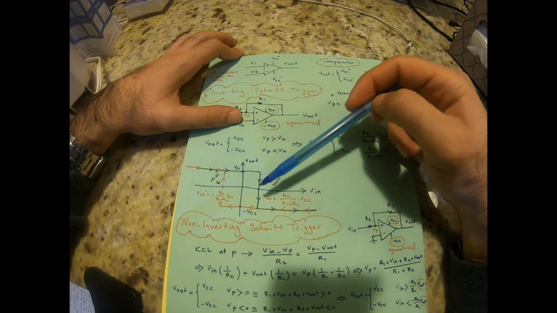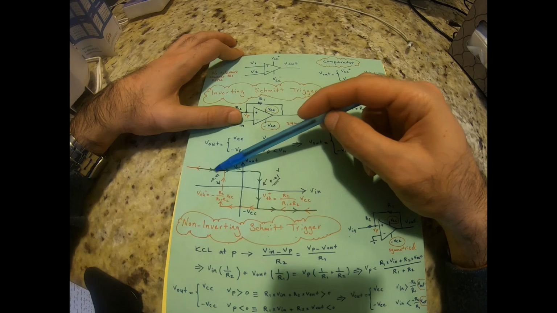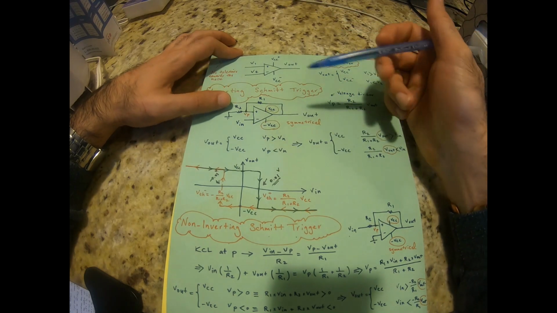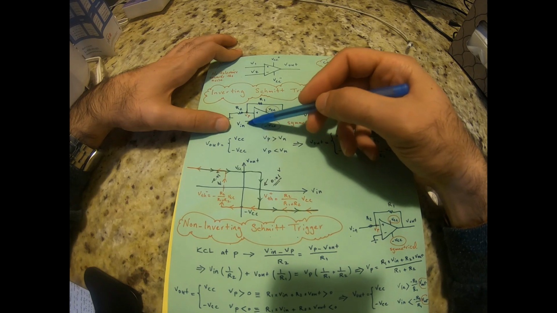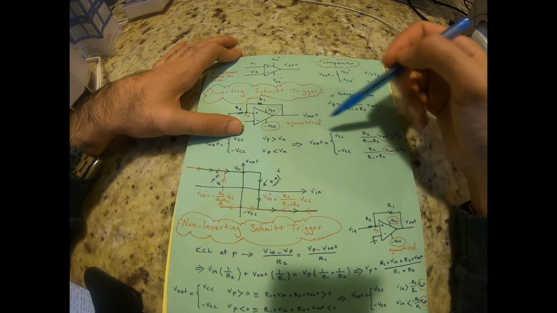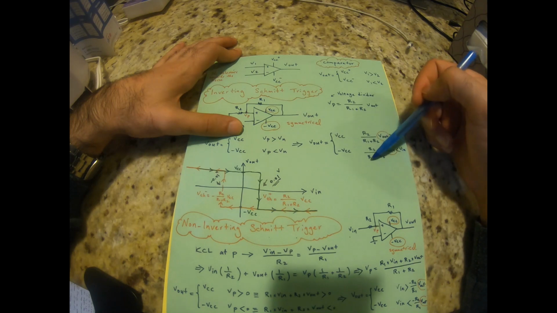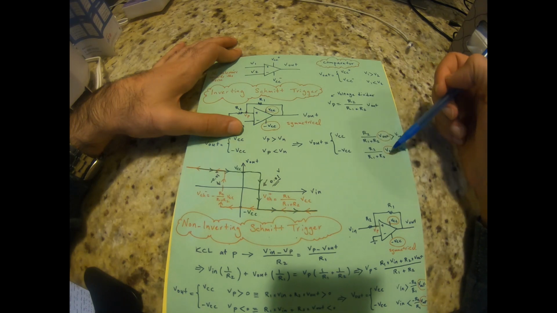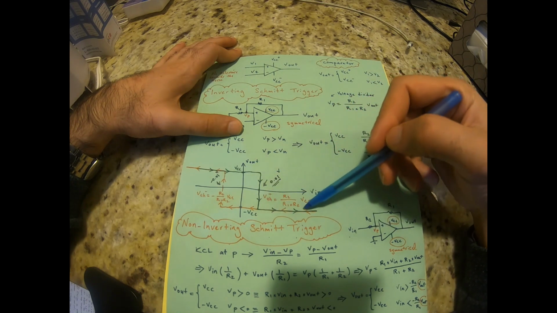As Vin increases, just follow the green line, we get to a point where Vin becomes equal to VCC times R2 divided by R1 plus R2. As Vin gets bigger than this value, at this point, V out is going to switch to negative VCC.